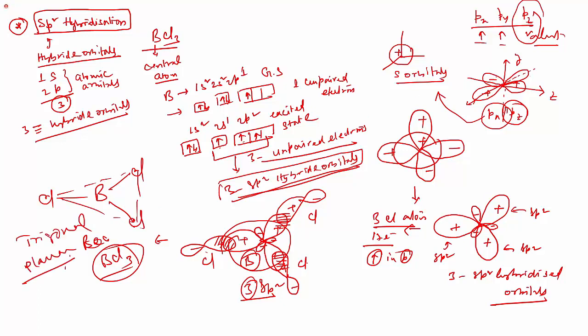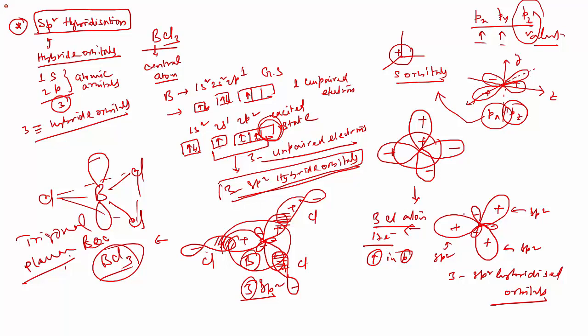And as I have said, one p orbital is vacant. So in this molecule, boron has one vacant p orbital, which does not participate in hybridization. So there is no electron in it. Whatever electrons are present in the other two p orbitals, these two p orbitals hybridize with this s orbital, and they form the three sp2 hybridized orbitals.